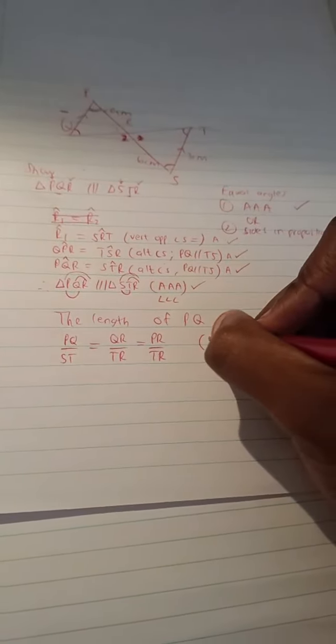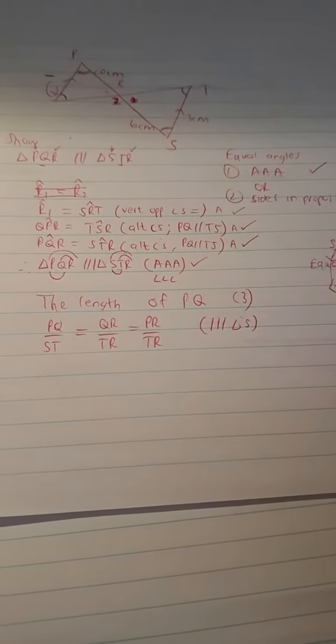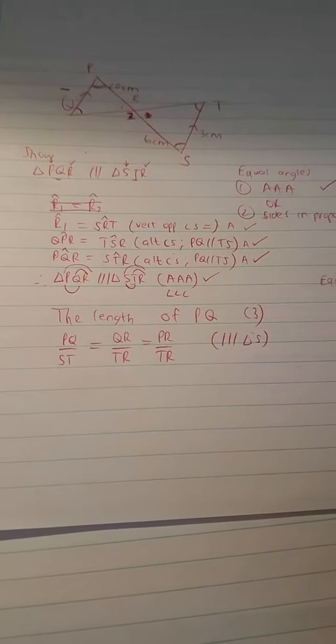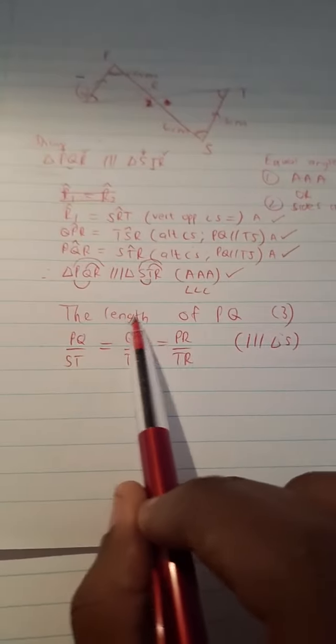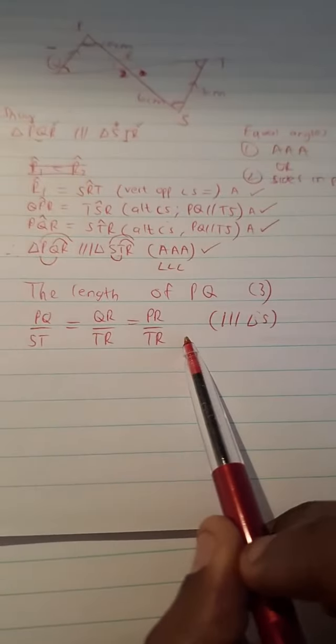Why do we say that? Because of similar triangles. Very important what I've just done here. Because triangles are similar, you can now write the sides in the same proportion.